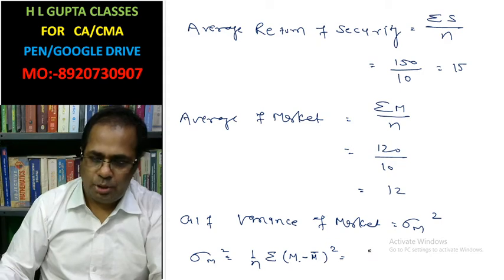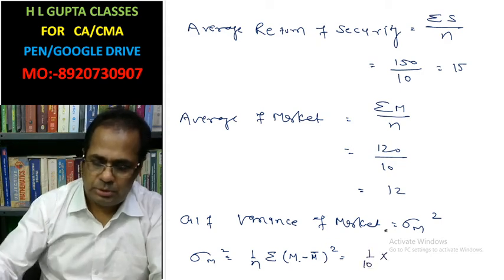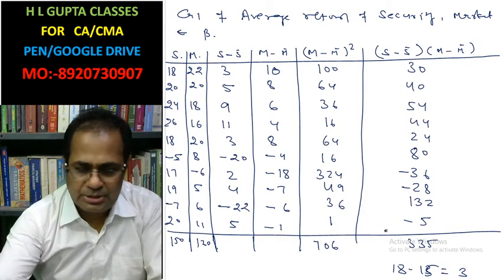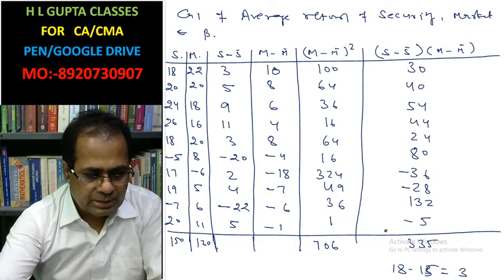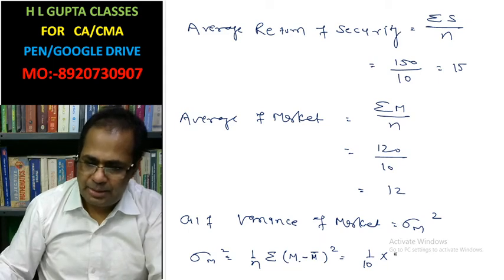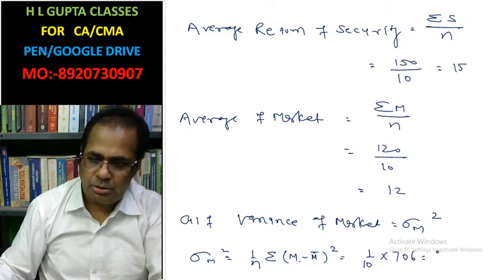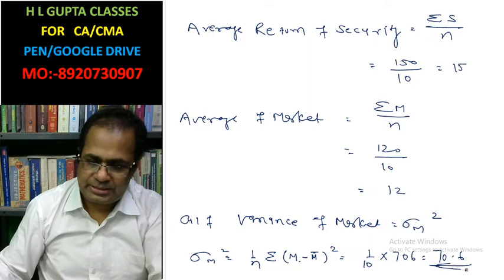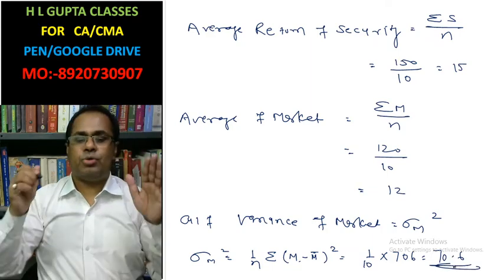This is 1 upon 10 into 706, which is 70.6. Now you can calculate beta.